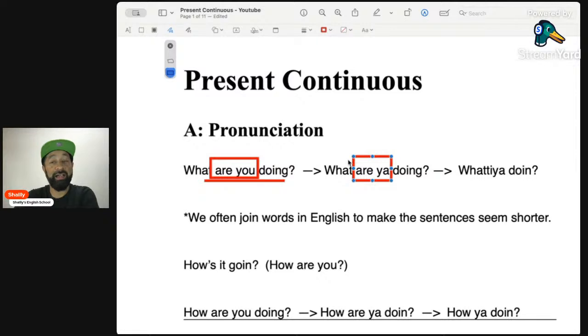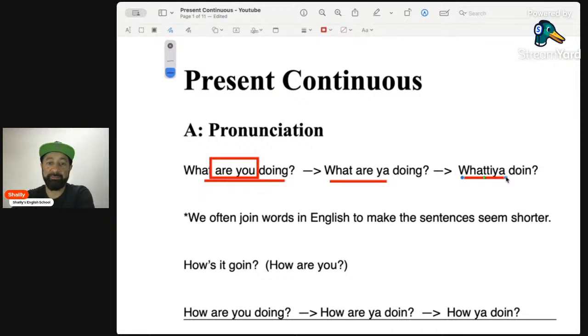But in fact, this whole beginning part, "what are ya", is going to change to "what ya, what ya". All right, so it's "what are you doing?" Not "what are you doing?" If you say "what are you doing", that is fine. But most native English speakers join it together, and my sentence sounds more like "what ya doing?"